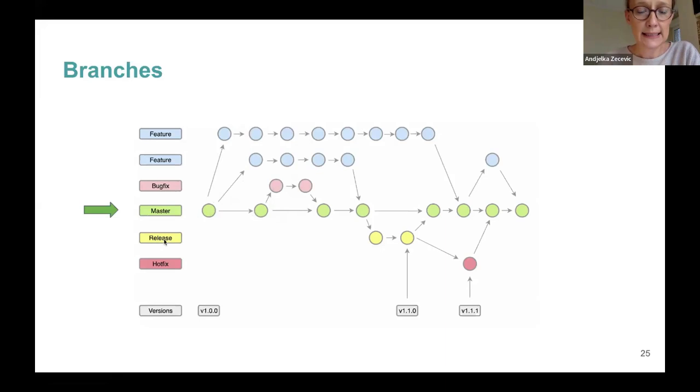We also can see this yellowish branch, which represents a release branch, and this dark red commit related to hot fixes we urgently should do, as they are noticed upon project release.